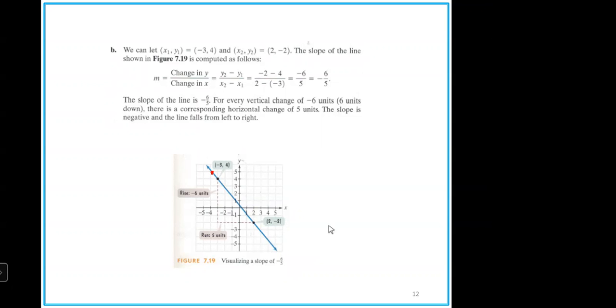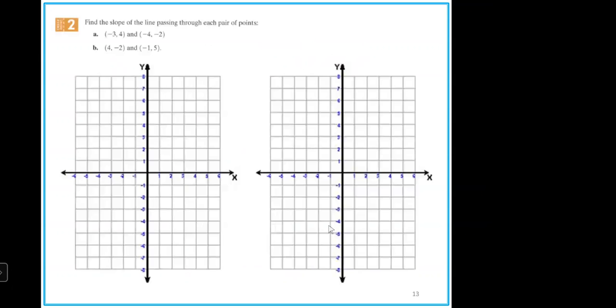Okay, so let's use what we just did to work out the slope of these two, and we want to plot them based on the information that we have. We could either plot them and draw triangles, or we could use the formula.